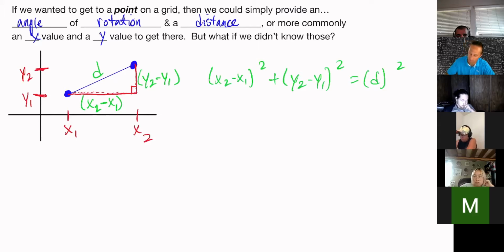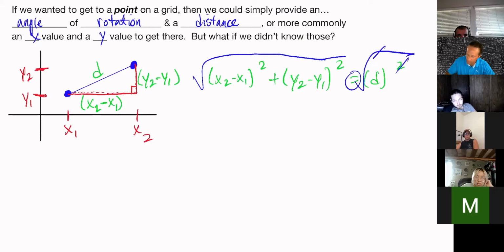But of course, we want to know what the distance is, not what the distance squared is. So what am I going to do? To keep it equal, I got to take the square root of both sides to get that d by itself.